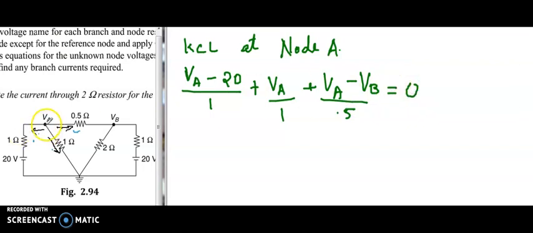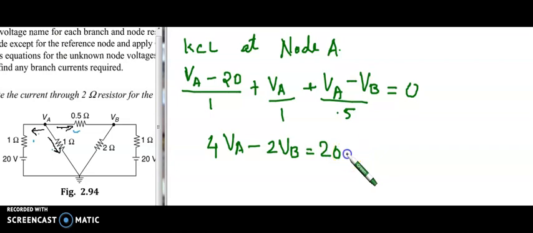That is, the sum of the currents at a junction is equal to 0. On rearranging, we get 4 VA minus 2 VB is equal to 20, and that is equation number 1.